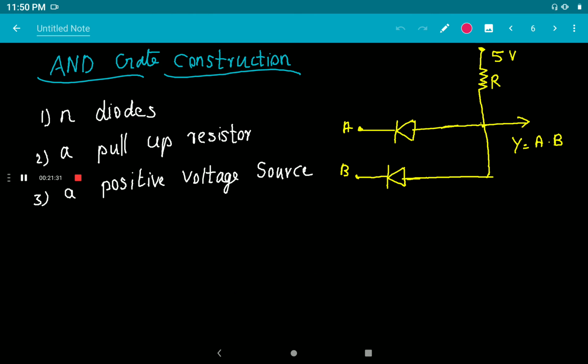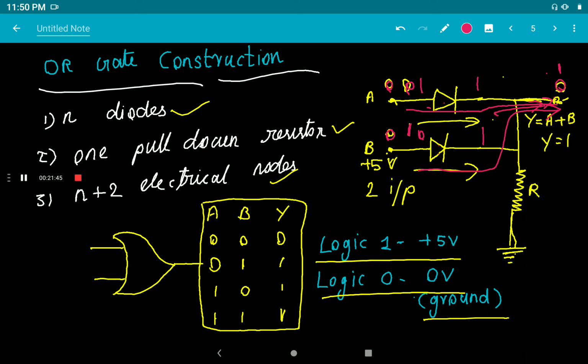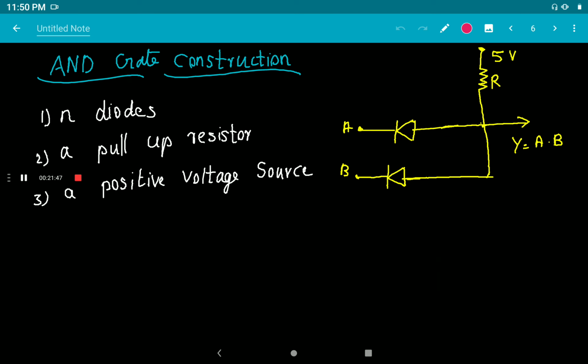Next one we are going to study is AND gate construction. Here in this circuit the diodes are reversed. Compared to the connection of our earlier OR gate, the diodes are reversed.